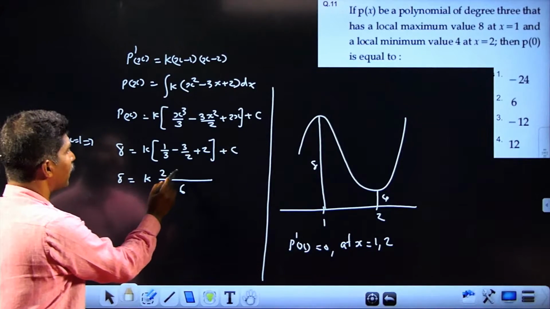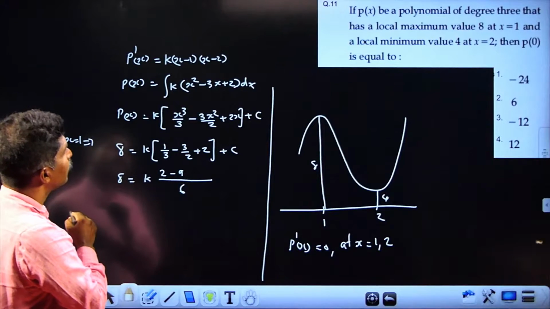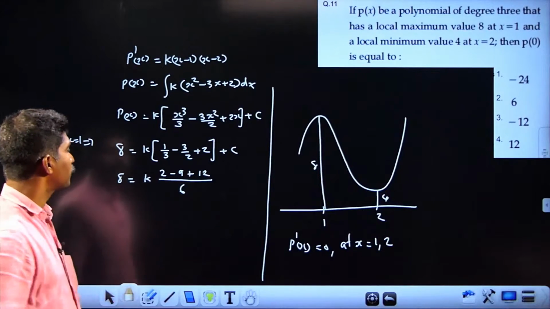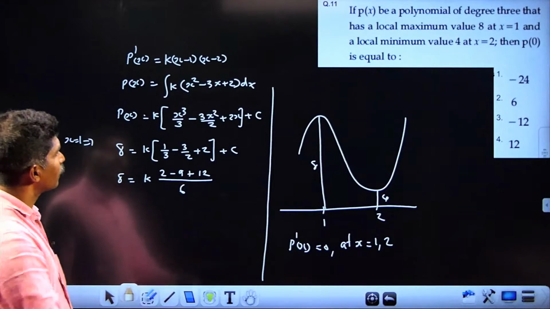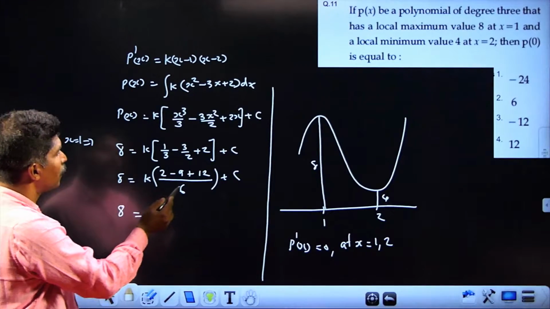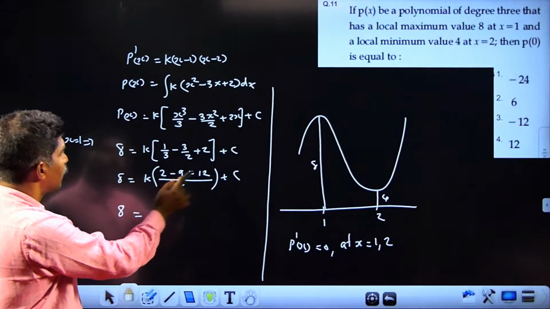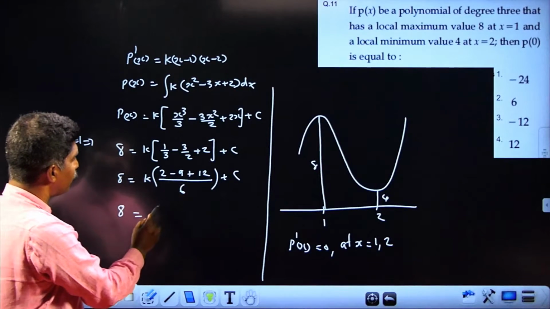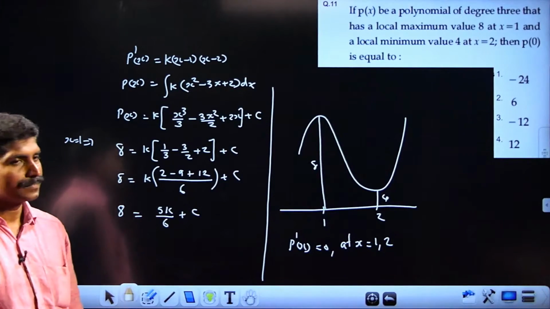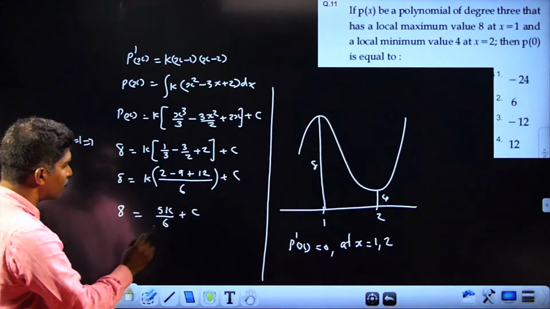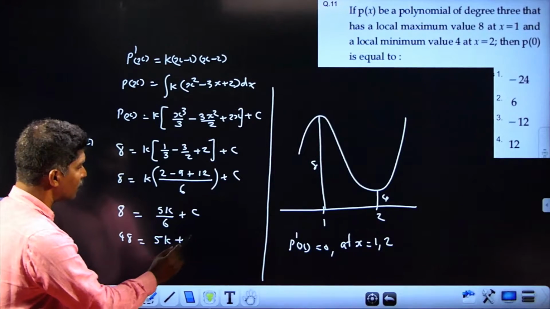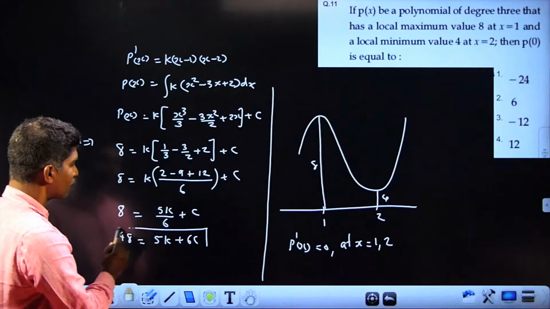You will be getting (2 minus 9 plus 12) plus C. 8 is equal to 14 minus 9, 5, so 5k divided by 6 plus C. Multiplying by 6, 48 is equal to 5k plus 6C. One equation.